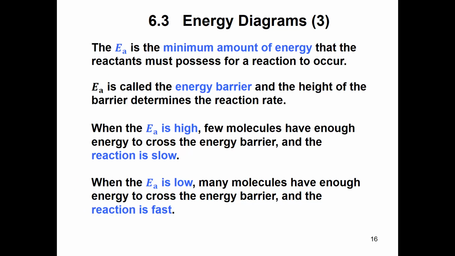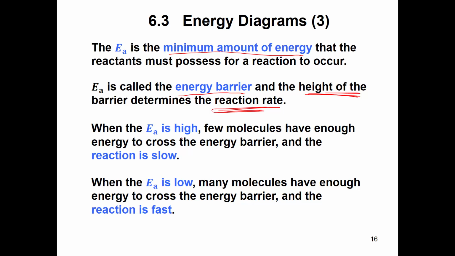So the activation energy is the minimum amount of energy that it takes for the reaction to occur. It's called the energy barrier because the height of that curve we were just looking at determines the reaction rate. How hard it is to get up to that transition place, that energy barrier, is what dictates how fast this reaction can occur.